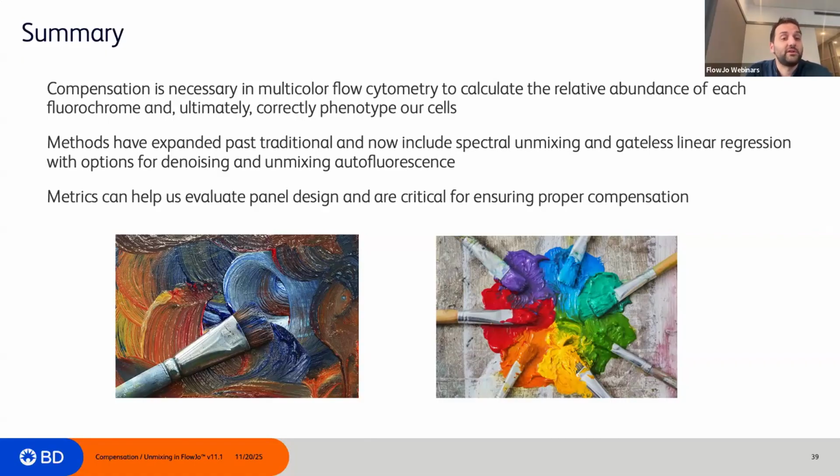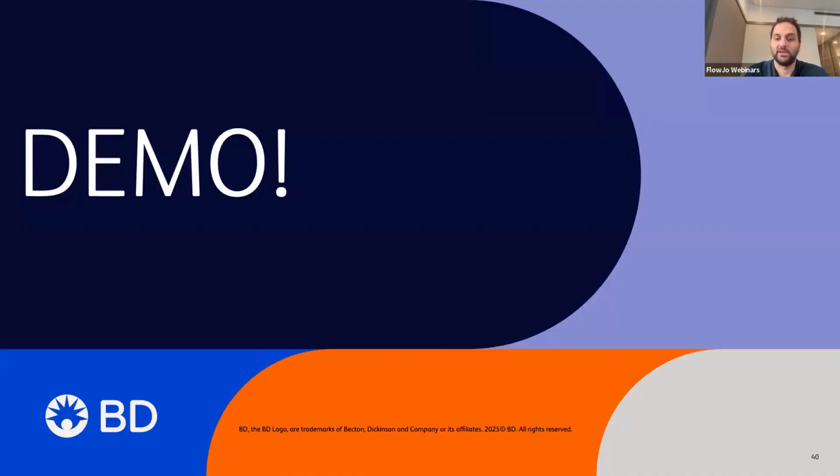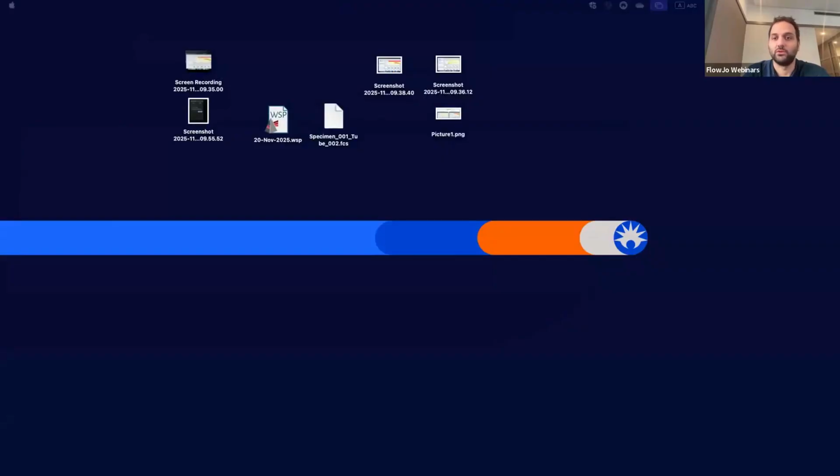We have multiple different methods, which include traditional, spectral, and mixing, but also different algorithms that either require your positive and negative gates, or the AutoSpill algorithm that does not require any positive and negative gates. And finally, we do have some metrics that we can use for panel design and for ensuring proper compensation. So with this, I just want to spend the rest of the minutes on a quick demo to show you everything in FlowJo.